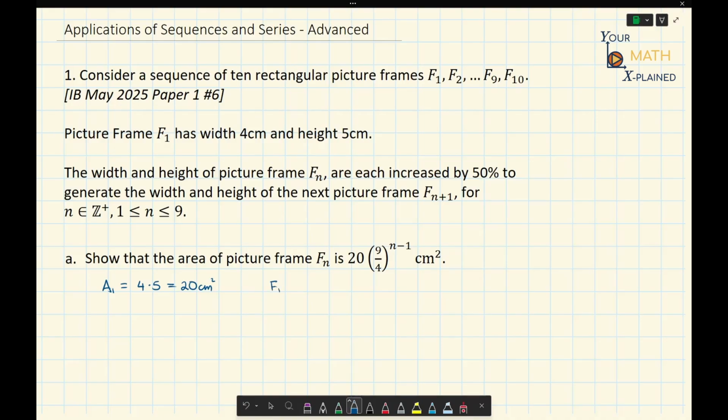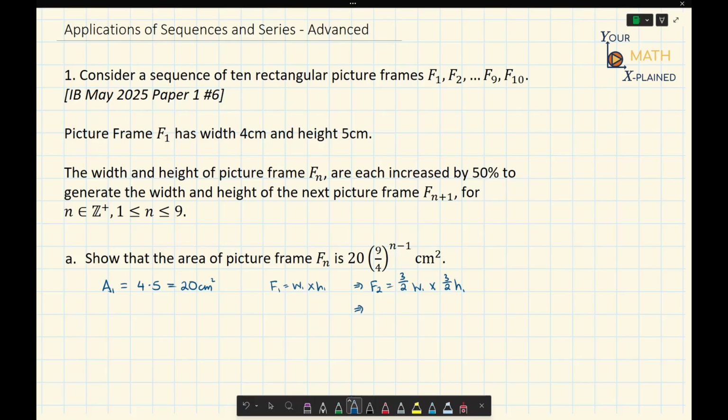Because if frame 1 has width 1 by height 1, that tells us frame 2 is going to be 1.5, or 3/2 of width 1 by 3/2 of height 1.